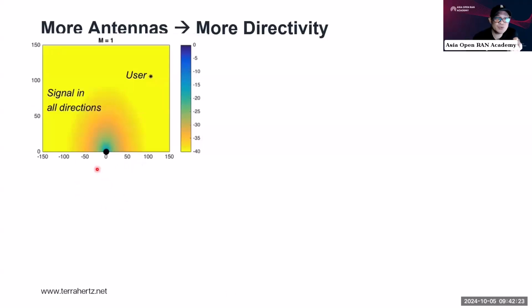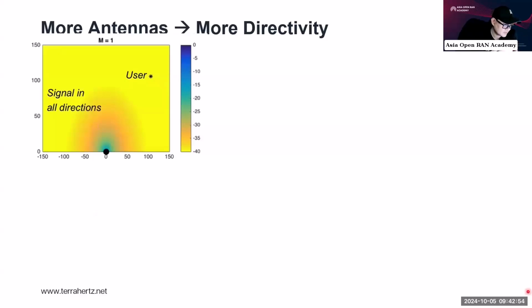If you are using a single antenna, or an antenna that has few antenna elements, once you propagate it, it is distributing the power in all areas. It's not very efficient because even though the user is here, you are also transmitting power elsewhere. So you are not very efficient in the use of your power.